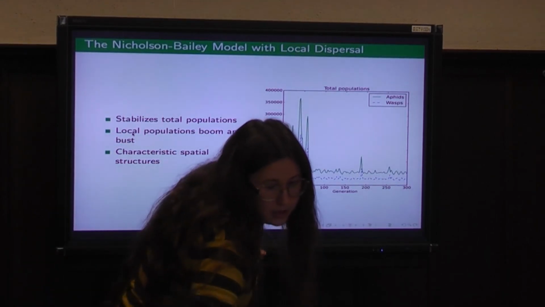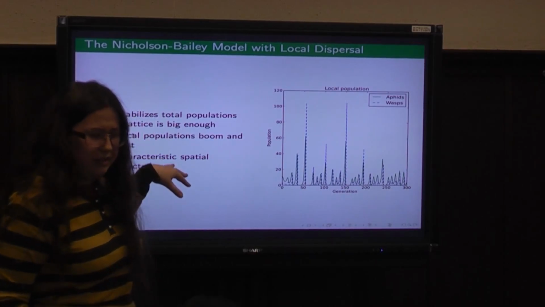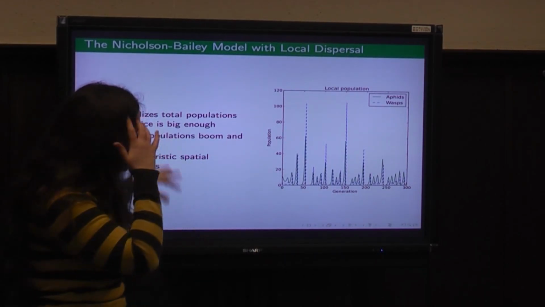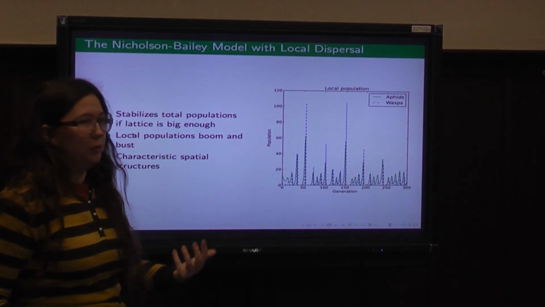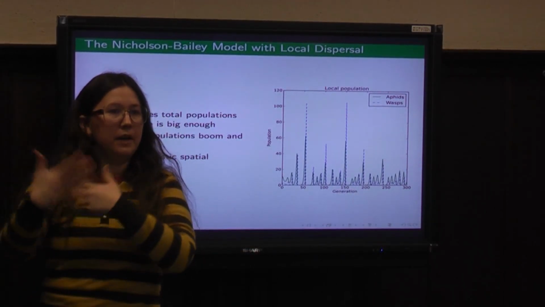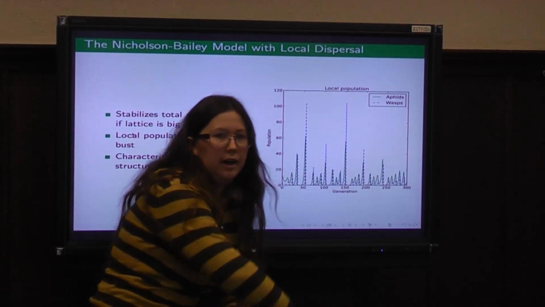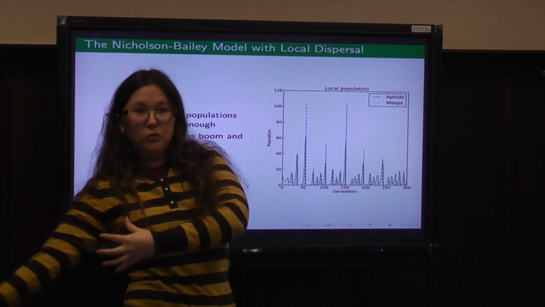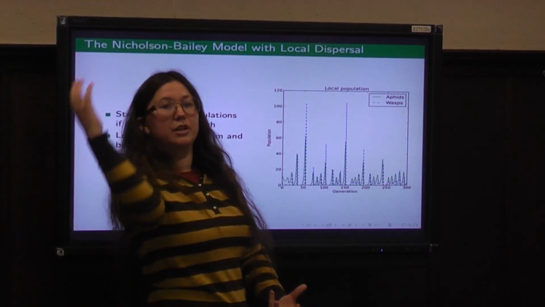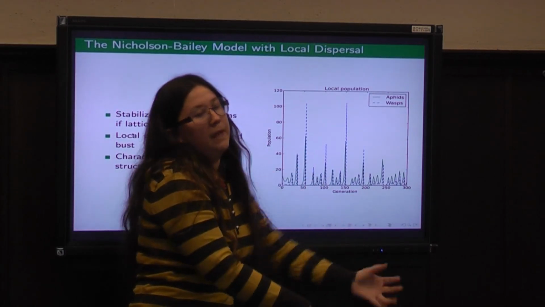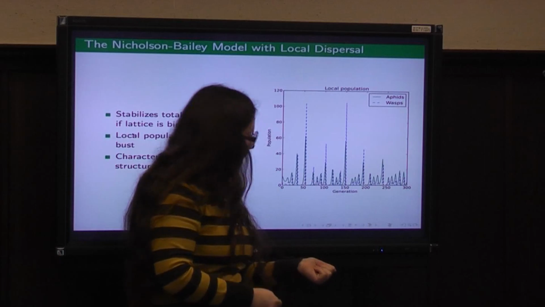If we look at what the local populations are doing, it looks even more periodic. We get these local booms and busts still, which you can imagine when we saw the spirals going around in the video. Each of these local peaks is an arm of the spiral moving across this patch, so it's like one of these moving fronts of aphids.